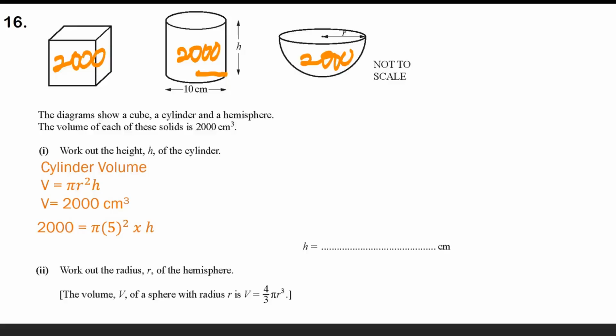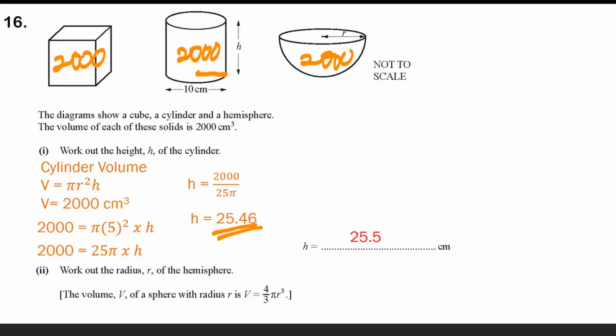So 5 times 5 is 25, times pi, 25 pi times h, equals 2,000. Divide both sides by 25 pi, and you will have h is equal to 25.46. This is your answer in centimeters.